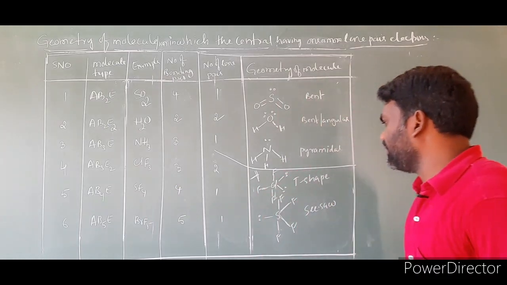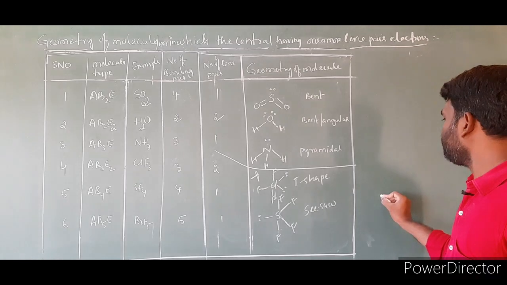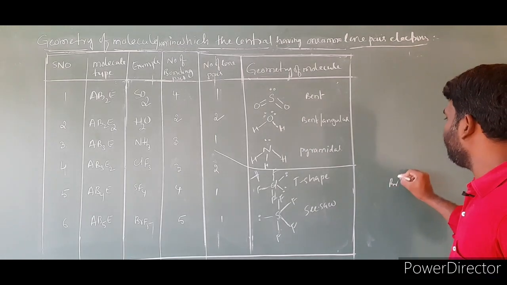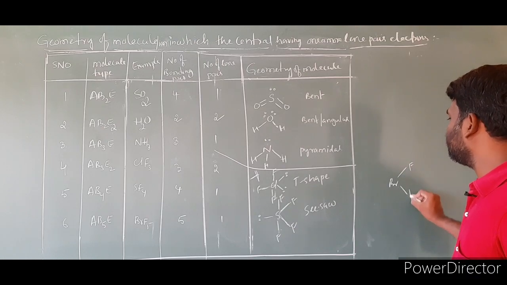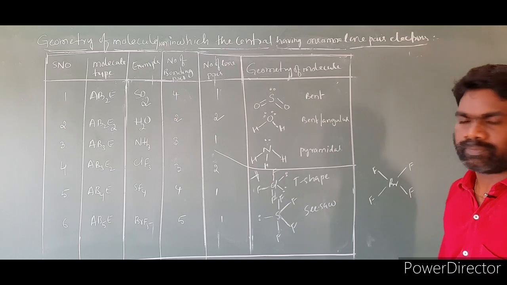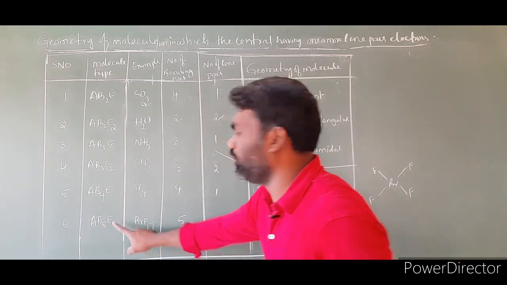So we have to write the shape of this molecule. Br is at the center. Then 4 fluorines. This is the first fluorine, this is the second fluorine, this is the third, this is the fourth, and 1 lone pair is left. The total number of bond pairs is how many? 5, and 1 lone pair is there.